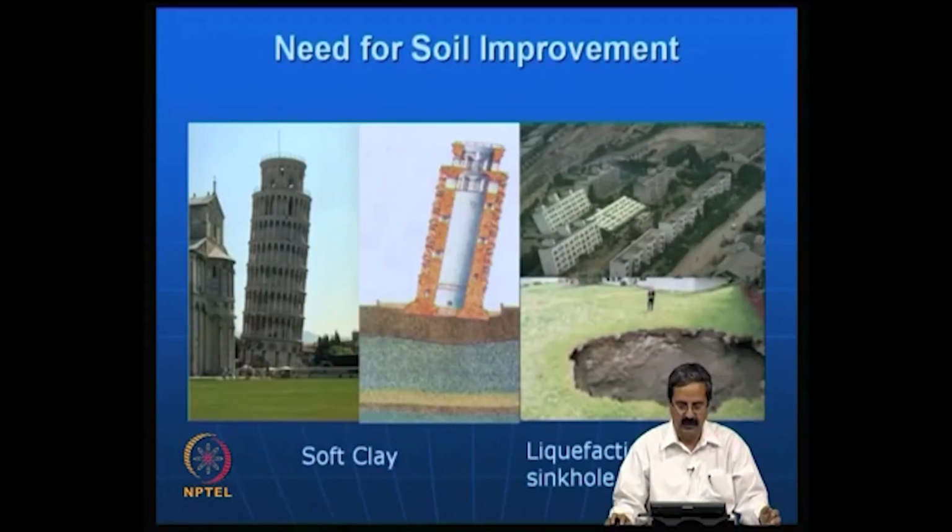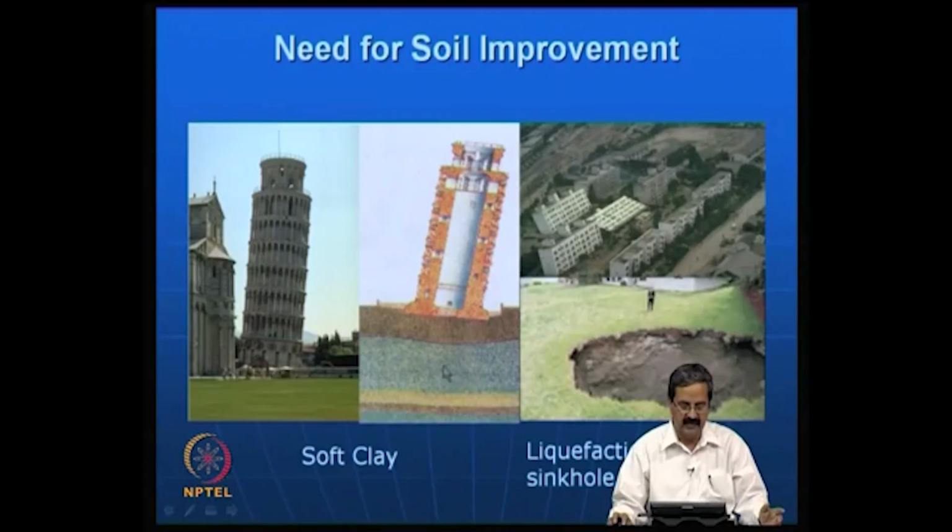Of course, we do not need to really stress the need for soil improvement, because sites have become scarce for construction, and at the same time you need to improve the bearing capacity of the soils and get good performance from the foundation systems. This is the classical example of the Leaning Tower of Pisa, where the type of soil is a soft soil.